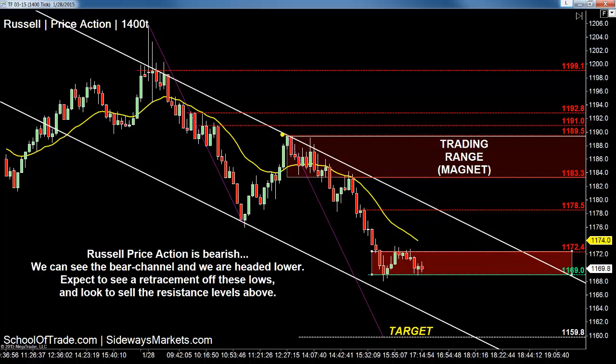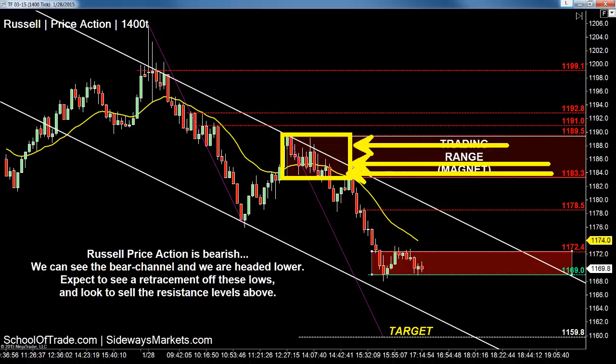All a trading range really is, if you understand volume profiling, auction market, market profile, I teach all of that in our intermediate course. If you understand auction market, you know a range like that is basically one big approval area to do business. So traders clearly approve of this range right here, or else they wouldn't have stayed in that area so long.